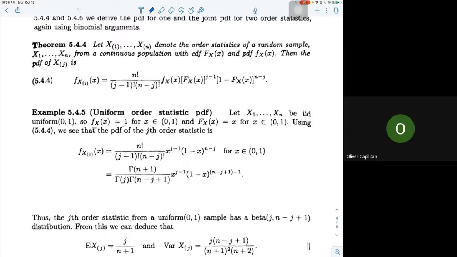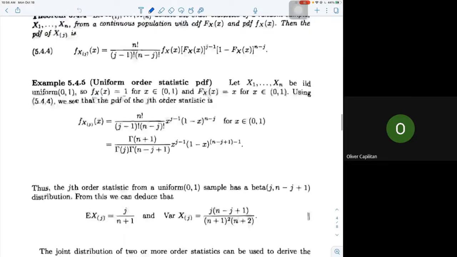So to illustrate this theorem, let's consider a random sample coming from a uniform distribution. Uniform 0, 1 is actually a standard distribution, it does not depend on any parameter. We have only 0 and 1 here, the interval 0 to 1.